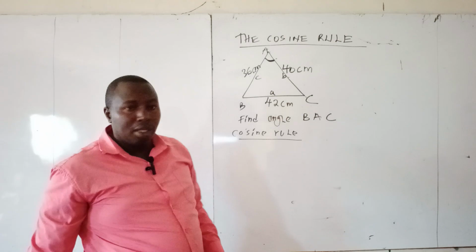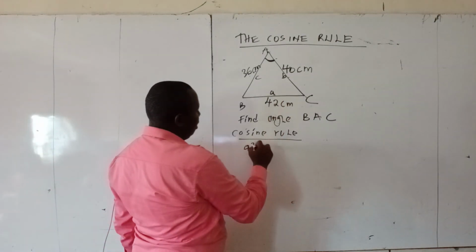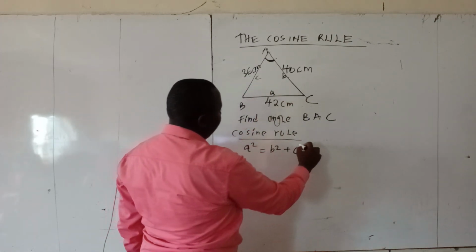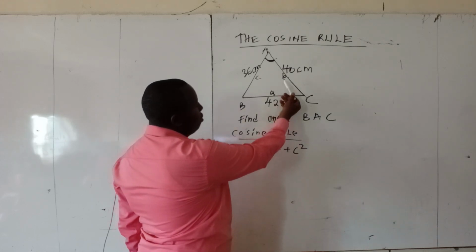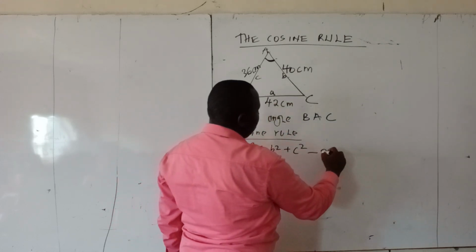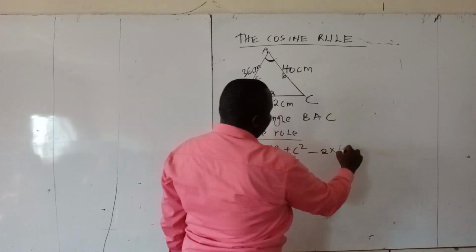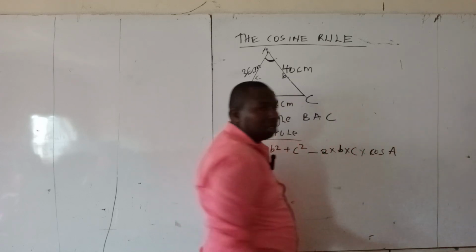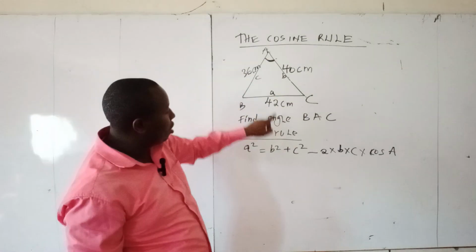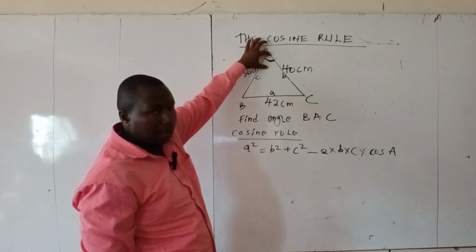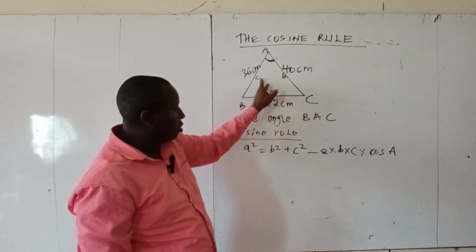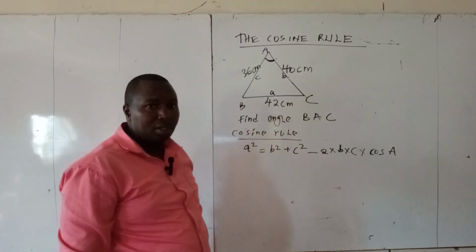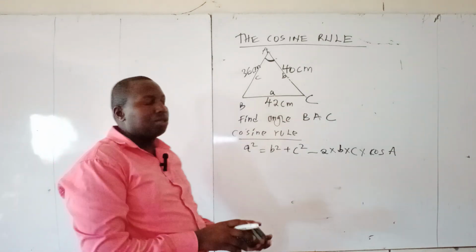You are supposed to say a squared is equal to b squared plus c squared minus 2 times b times c times cos A. Because you're looking for this angle, you finish with cos A. Then you substitute the values to get the angle.